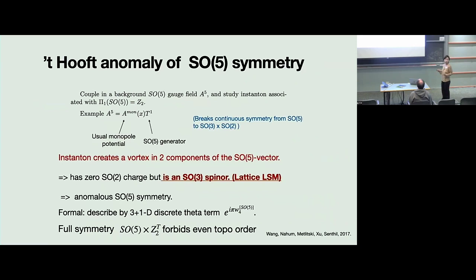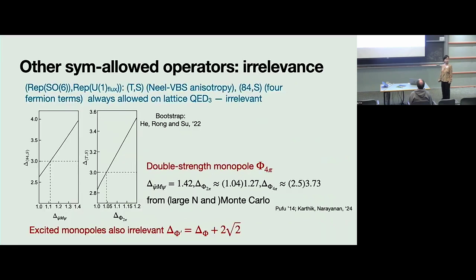Yes. Just to comment about the double charge monopole on your previous slide. I think it's probably much more likely that it's relevant, because there's a bootstrap study by David Poland and some of his collaborators where, with some assumptions, they get an island, and the island they find is consistent with the large N expansion, which says it's relevant, and actually excludes the Monte Carlo estimate. I mean, of course, this is not a proof.